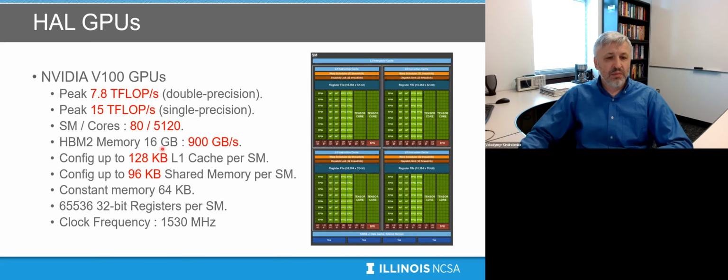The other nice feature is the HBM2 memory, which provided 900 gigabytes per second bandwidth between the GPU attached memory and the GPUs themselves, which made this a very capable system for machine learning workloads.